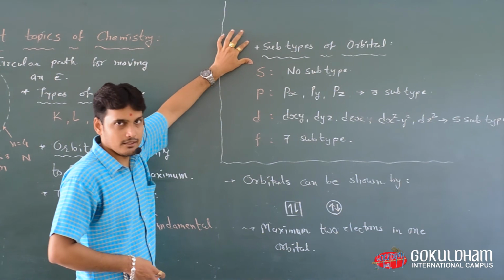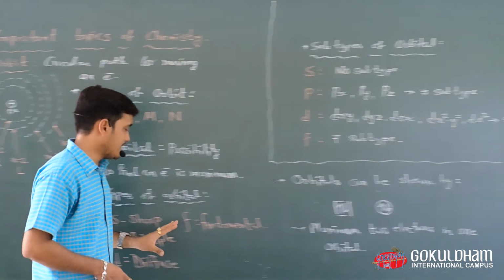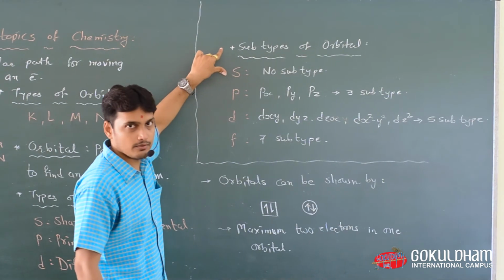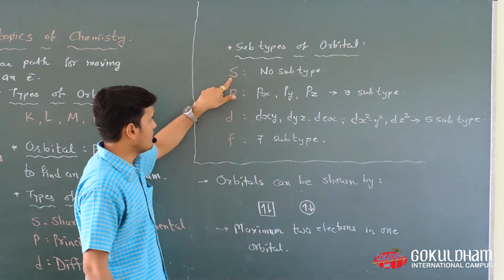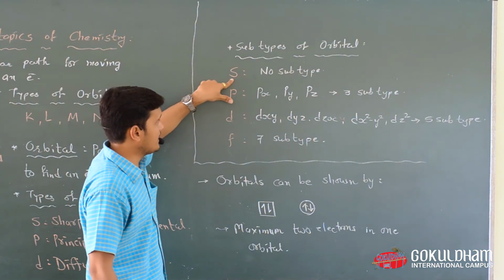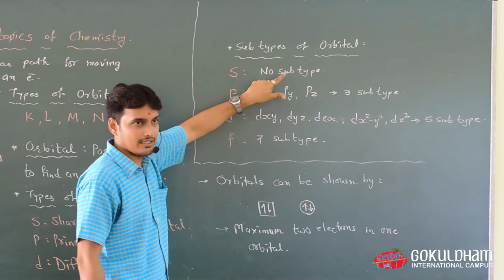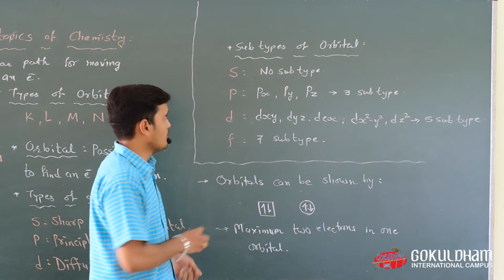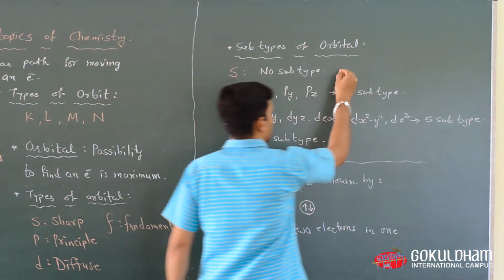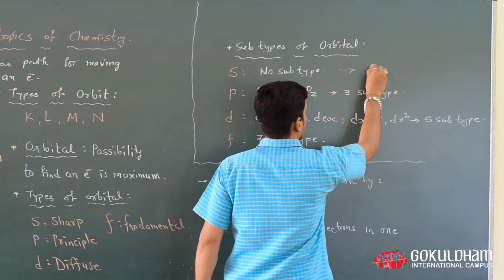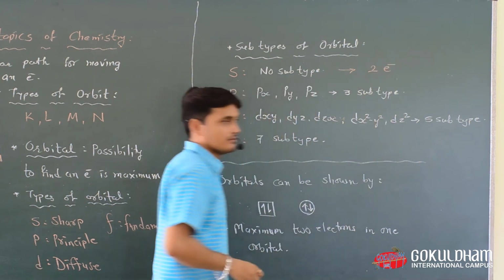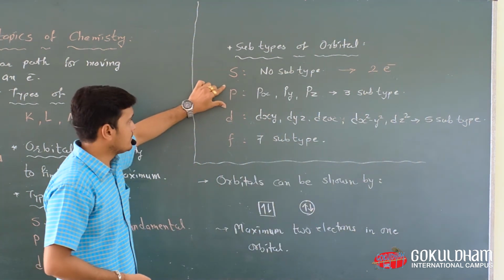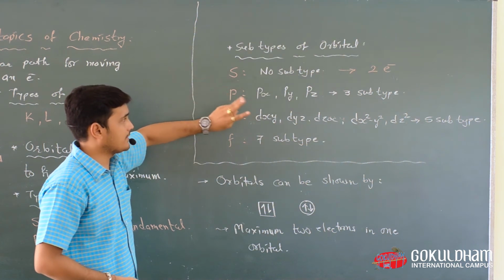Subtype of orbital: this is the main types of orbital, and this is the subtype of orbital. S orbital has no subtype, that means s is only 1. So you can maximum fill 2 electrons in s orbital. The p orbital has 3 subtypes.